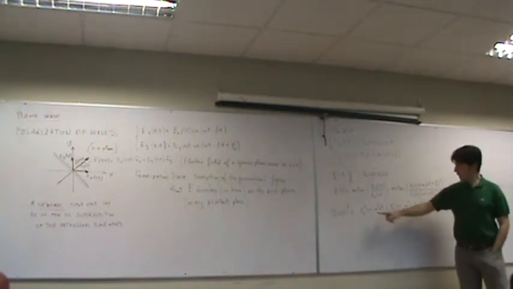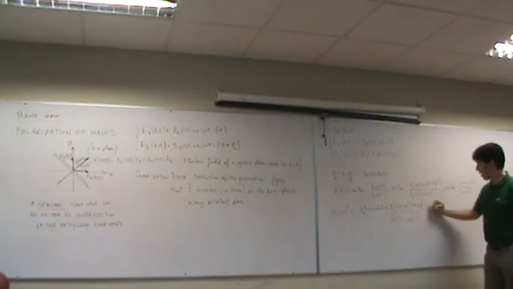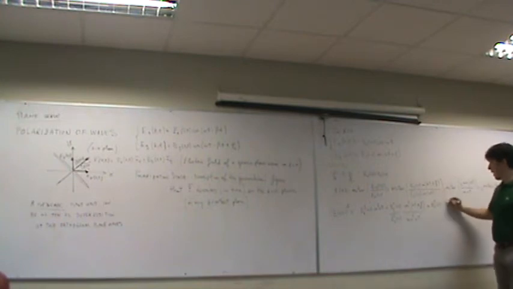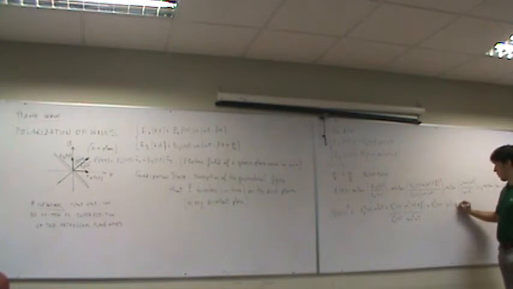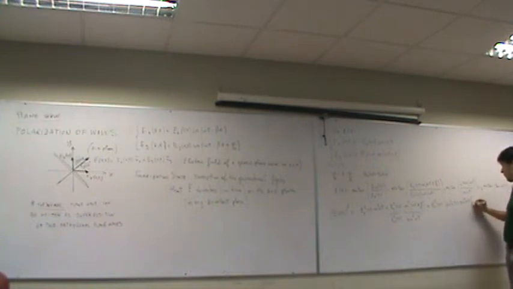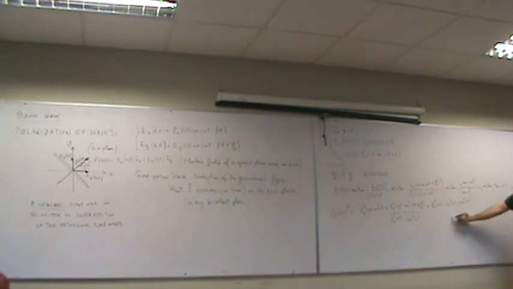So we can collect in this equation zero, zero, and then we have, and this is equal to 1.